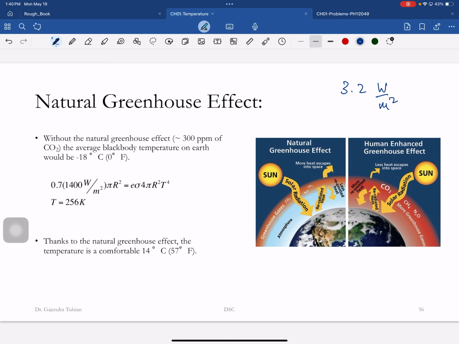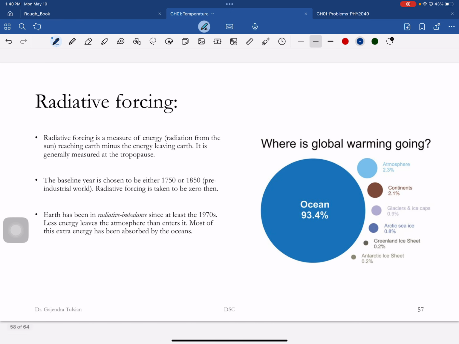So for every meter square, we are radiating 3.2 watts less than what's coming in. That's called radiative forcing. Radiative forcing would be 0 if you were emitting an equal amount of what's coming in.